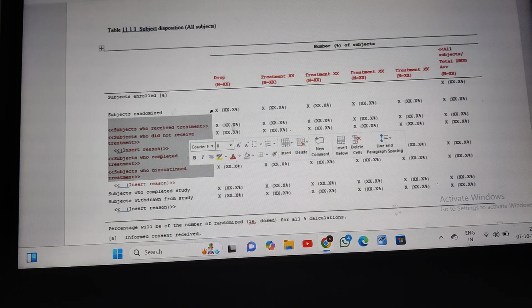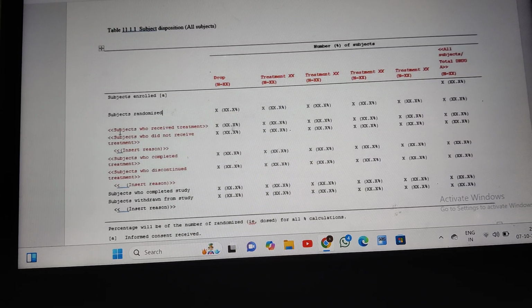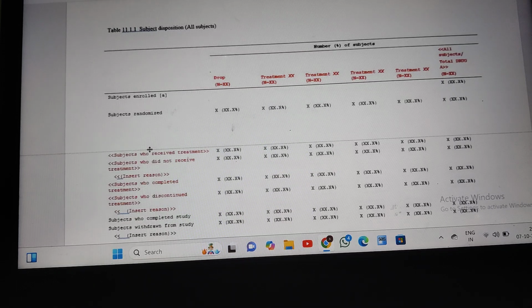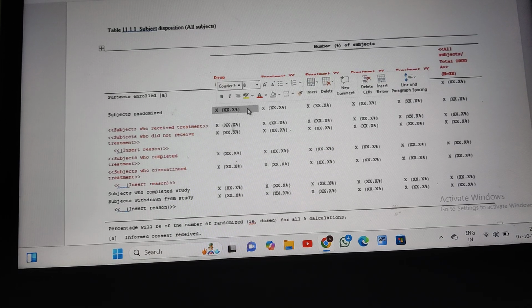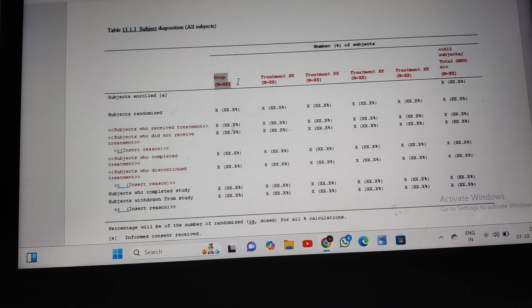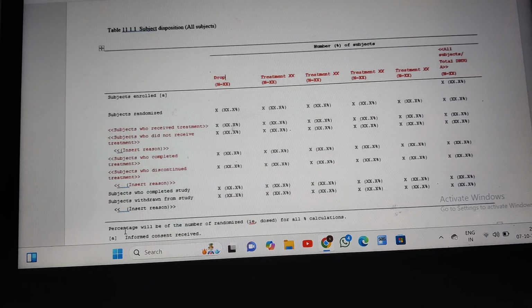Here we'll have a count of 10. Out of 10, one subcategory will have 2, another will have 3, and so on. In that case, it is this small n divided by this n into 100, not this n. How we identify the percentage will be mentioned in the footnotes.